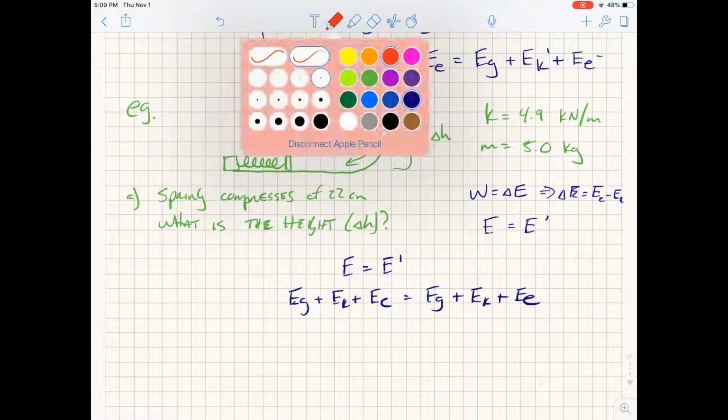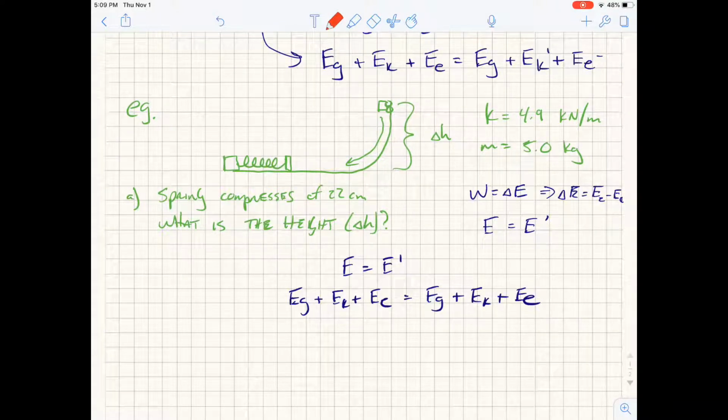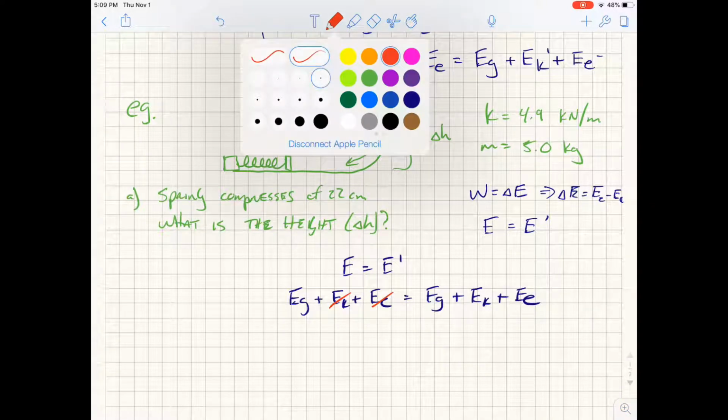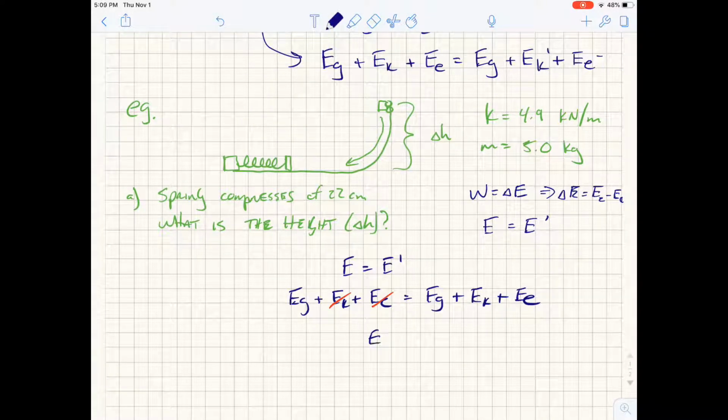All right. So before it's released, there's no kinetic energy. That's 0. And there's no elastic potential energy either. All the energy is bound up in Eg. And then the car hits the spring and depresses 22 centimeters.